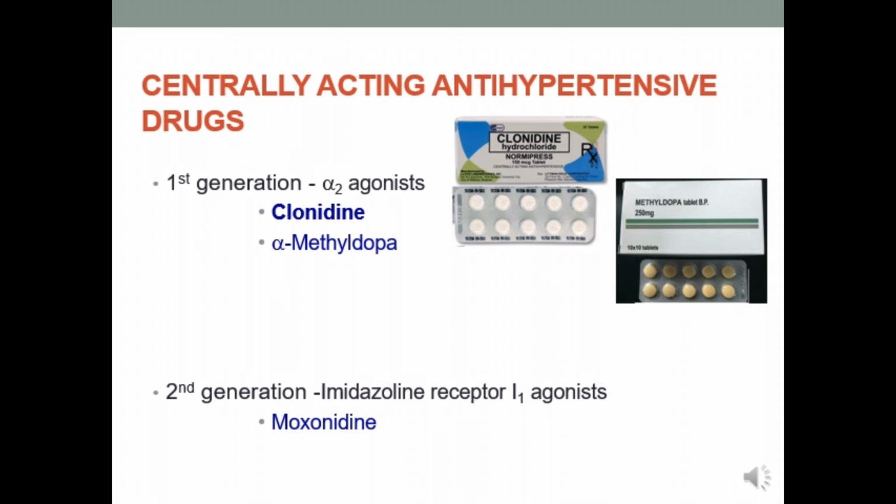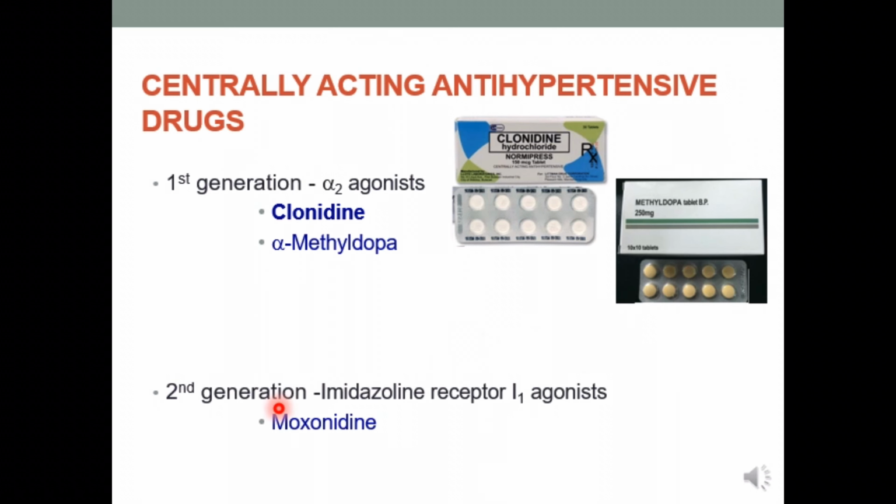So it's divided into the first and second generation. The first generation is drugs that act as alpha 2 agonists in the medulla of the brain. So the examples of the drug are clonidine and alpha-methyldopa. This is the picture of the tablets for the first generation centrally acting antihypertensive drugs, clonidine and methyldopa.